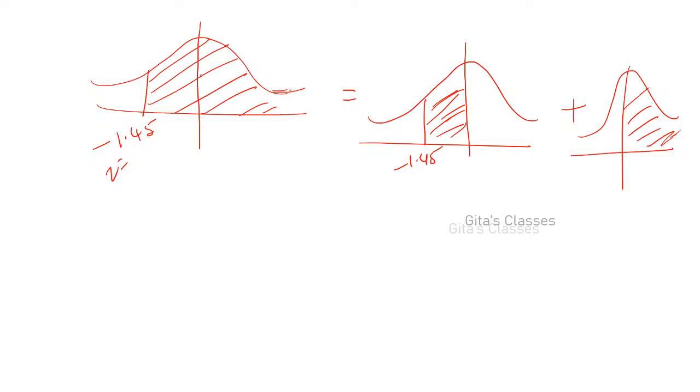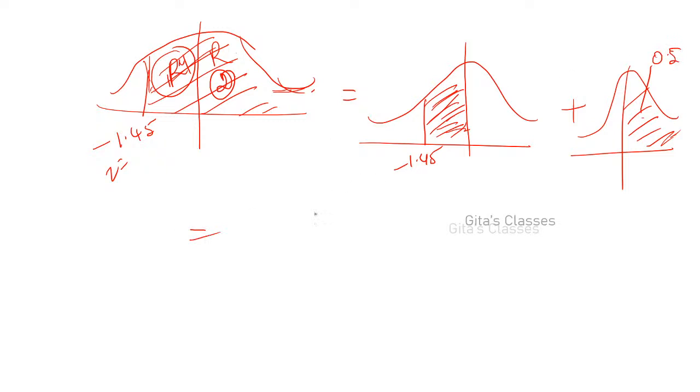I'm going to split it into two: this area is the first one, this is the second area. So this is region 1 and this is region 2. Now region 1 I am taking this one, and this is 0.5, we know that.